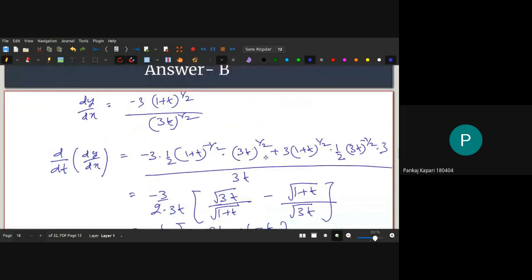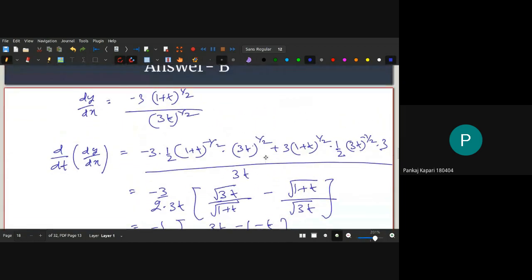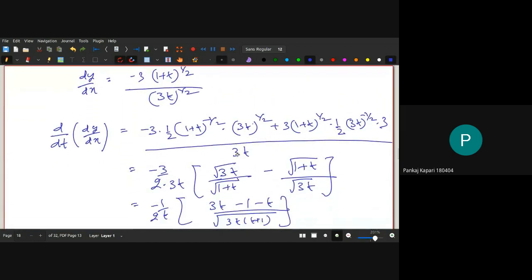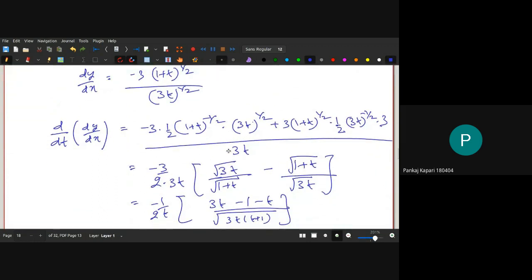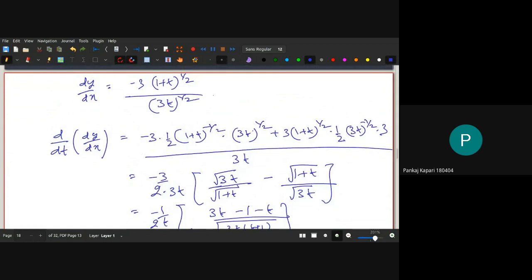So I don't know where the mistake is. I think there's some mistake, some typo is there. Okay. So up to this point, everything is correct. And then minus 3 half, 1 plus t to the power minus half.